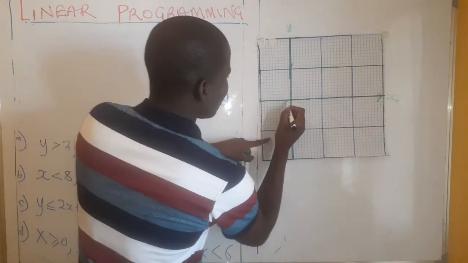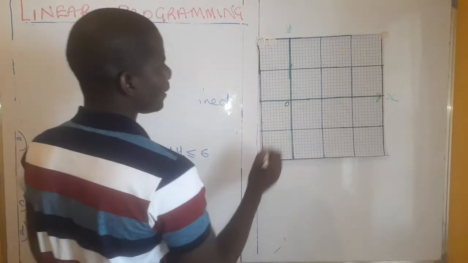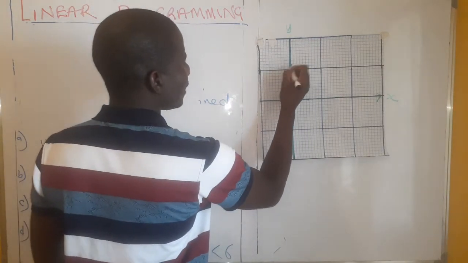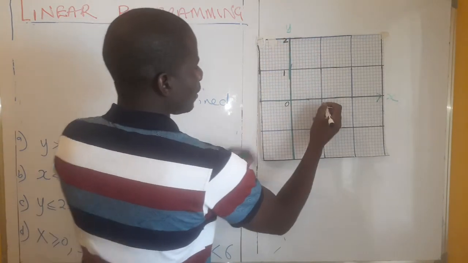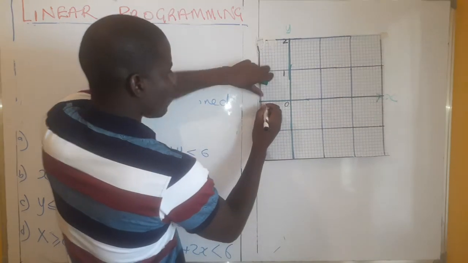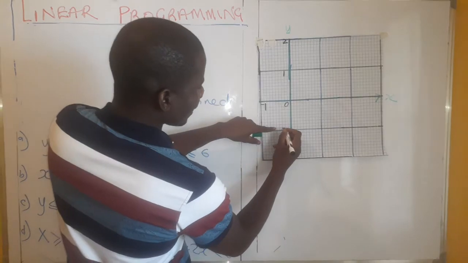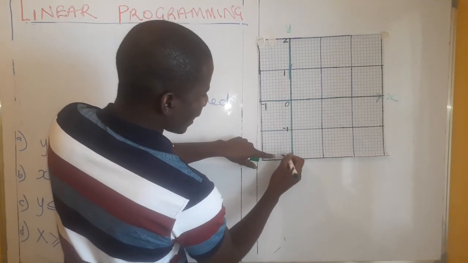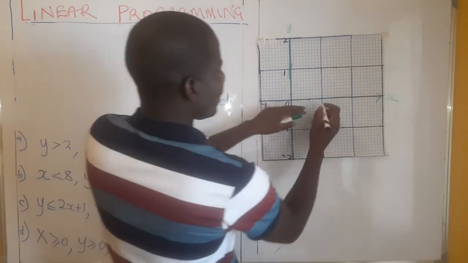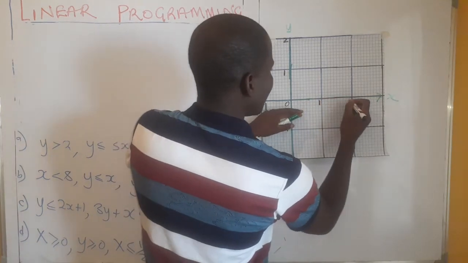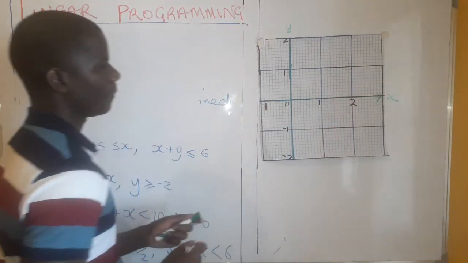We have our 0 here, isn't it? This is our 0, this is our 1, and this is our 2. This is our negative 1 here, then this is our negative 1 down. This is our negative 2 here. Then this is our 1, this is our 2.